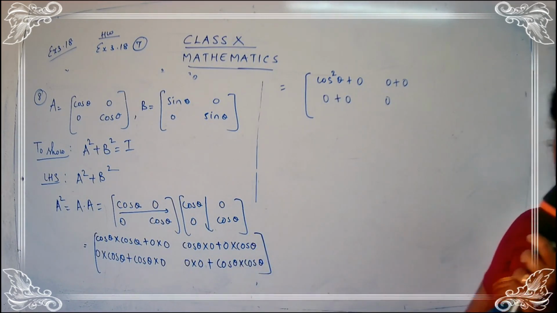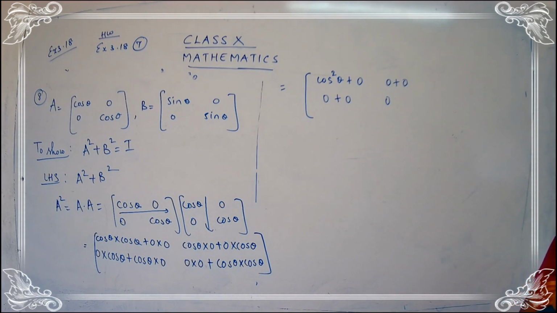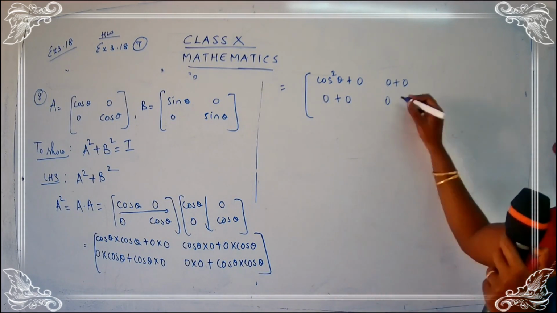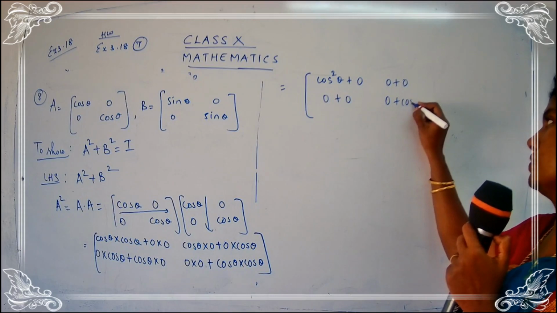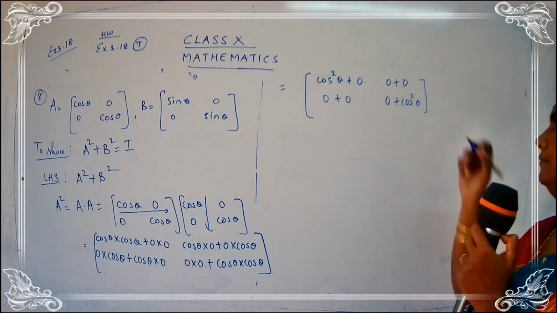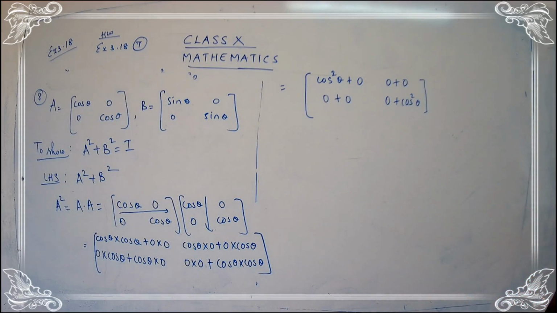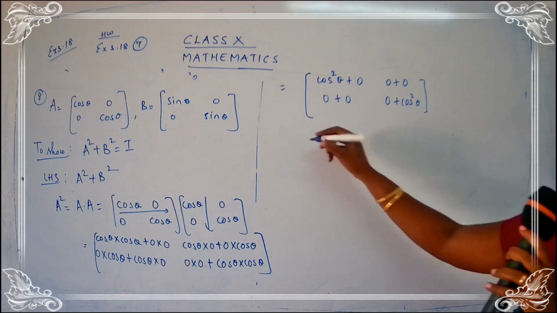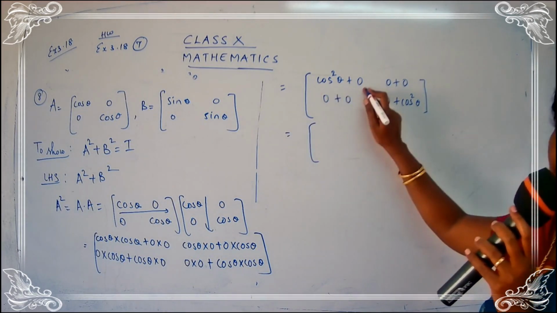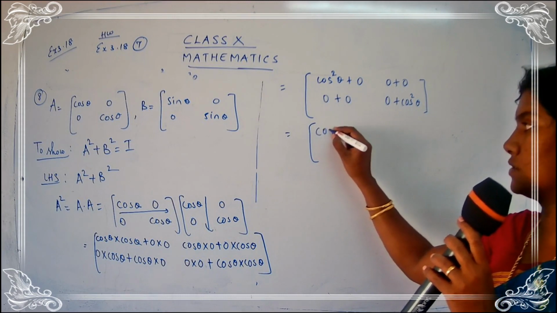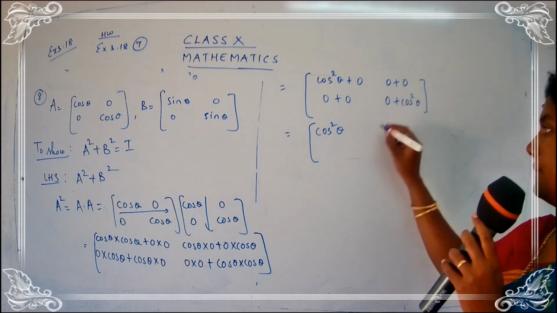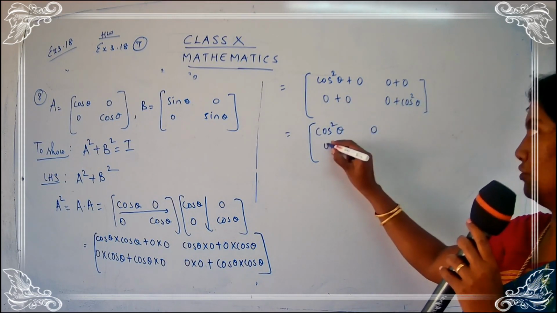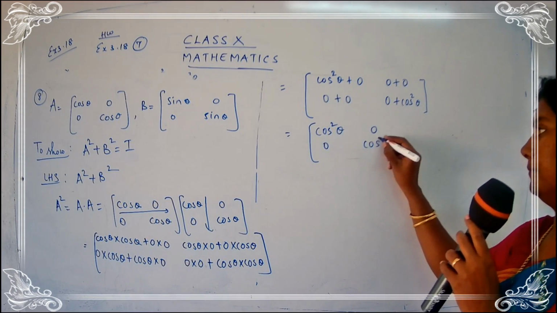Cos theta into cos theta. What is cos theta into cos theta? Cos square theta plus cos square theta. Okay, very easy. Cos theta into cos theta, cos square theta. Let us add. So anything added to 0, same number, cos square theta, 0, 0, cos square theta.